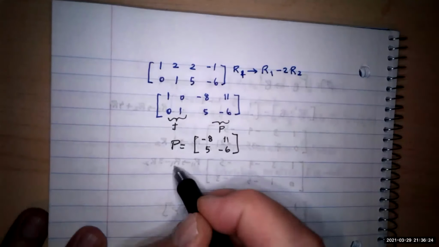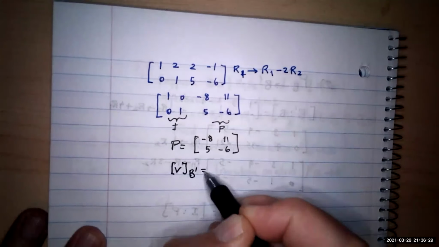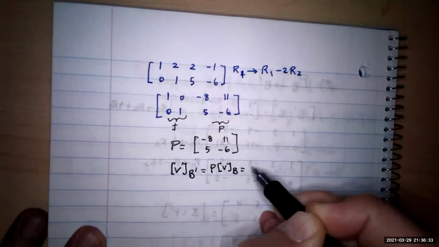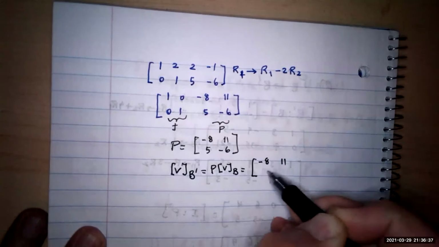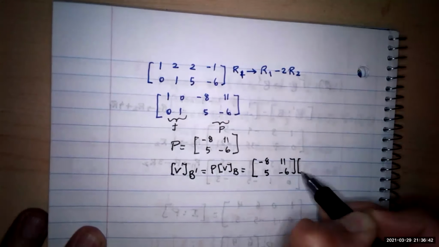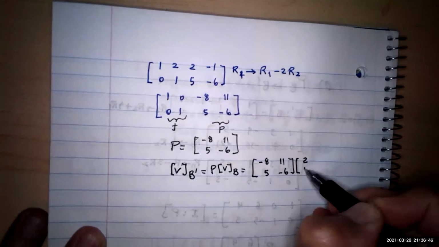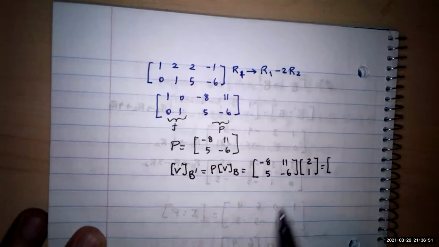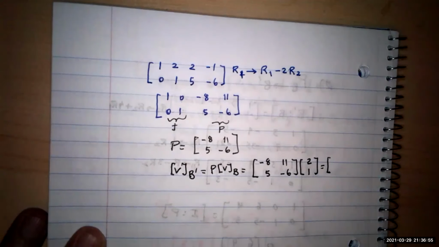Remember, you are looking for the coordinate matrix of the V with respect to the B prime. We talk about is going to be P times the coordinate of the V with respect to the B. So this is it. It's negative 8, 11, 5, and negative 6. You multiply by the given one. The given one was 2, 1. And if you simplify it, negative 16 and the 11.